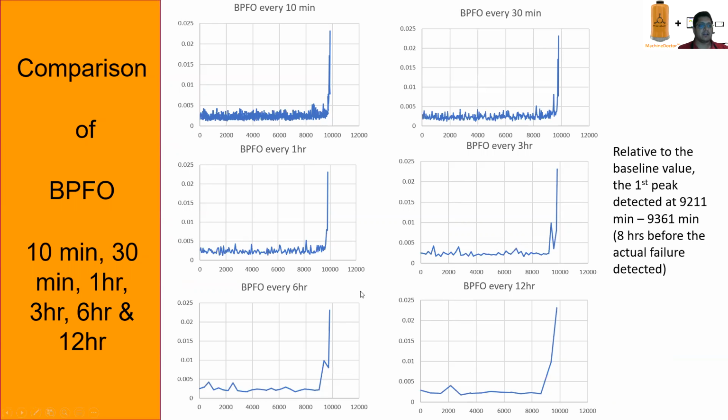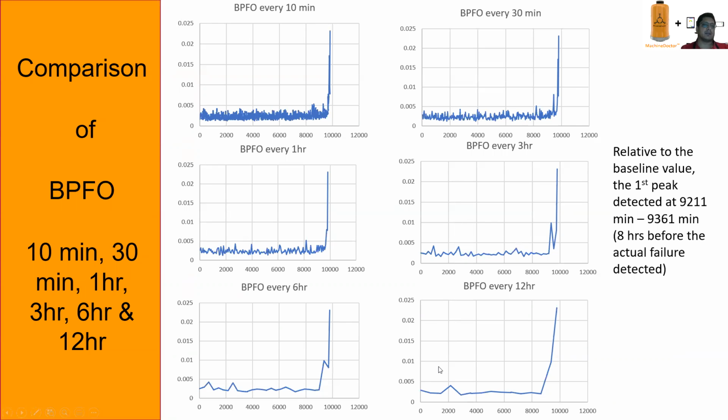While with every 6-hour or 12-hour data, you will see 7% in advance, which means even though the waveform upload frequency or FFT frequency has been increased 36 times when we take waveform every 10 minutes as compared to every 12 hours, the advance warning only increased by 1%.